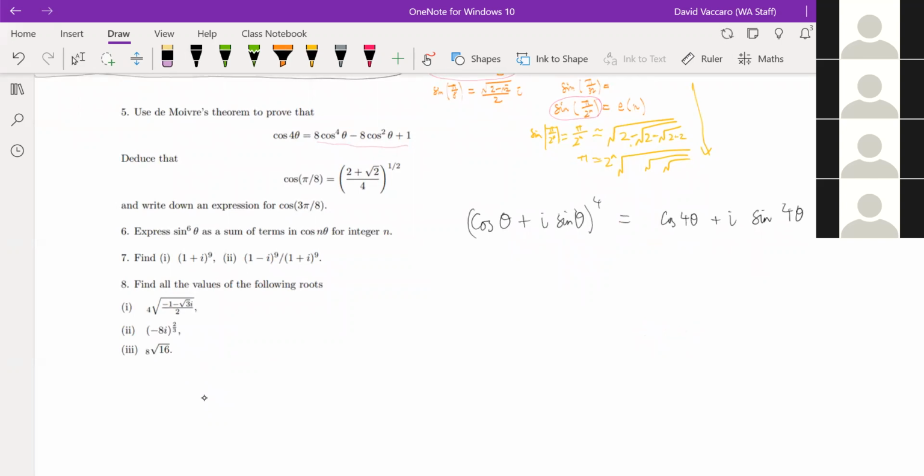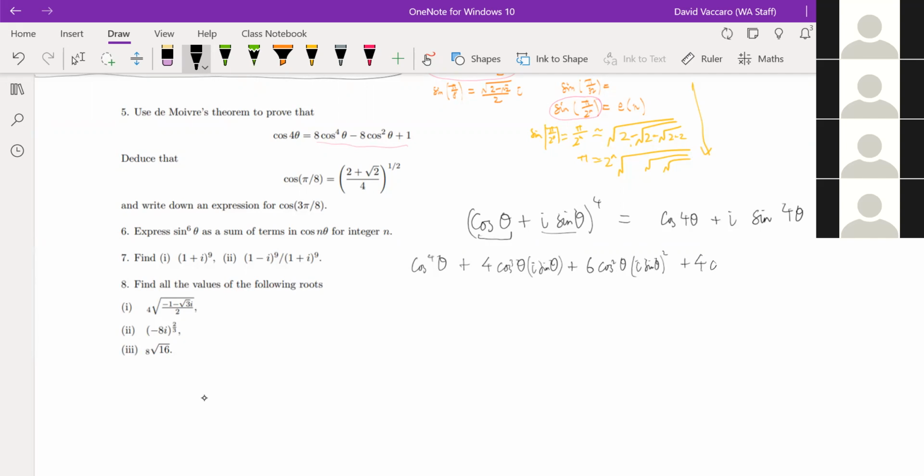We can open the left using the binomial expansion. So we get cos to the 4 theta. We then get 4 cos cubed theta multiplied by i sine theta. We then use the next coefficient in Pascal's triangle, which is the 6, and we've got cos squared theta and then i sine theta all squared.